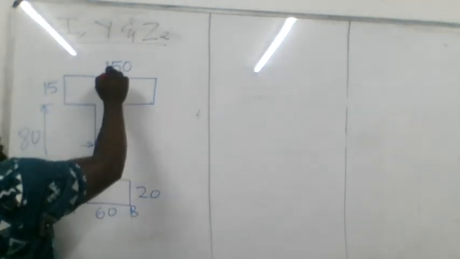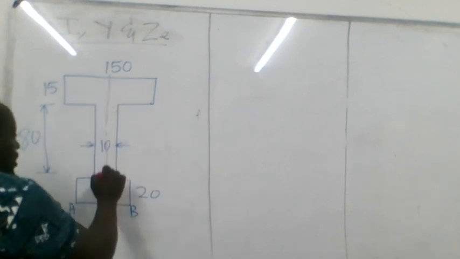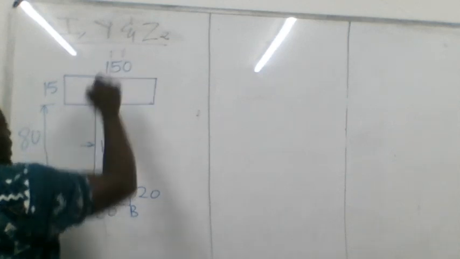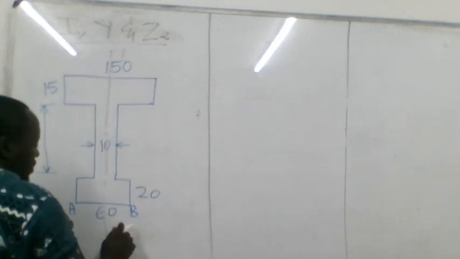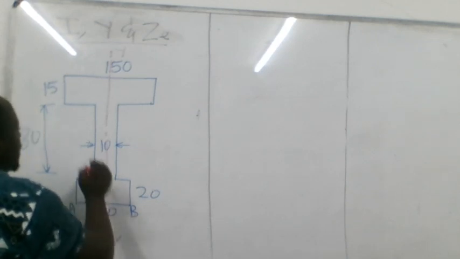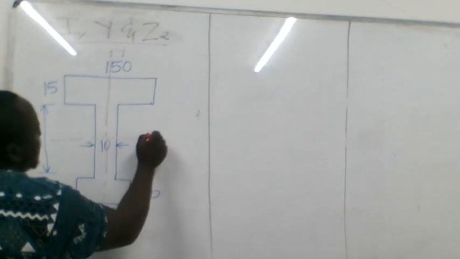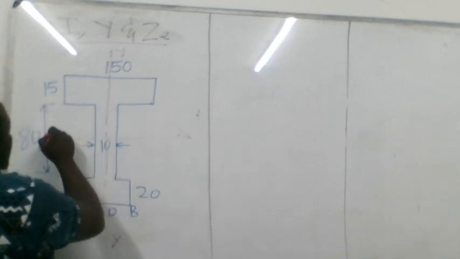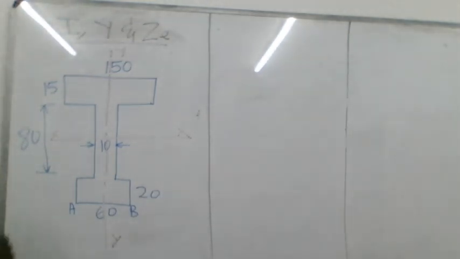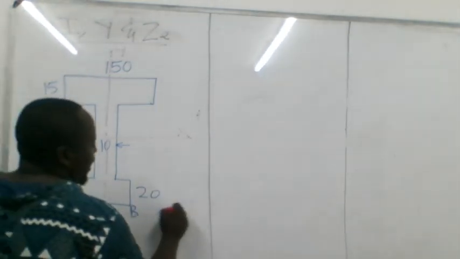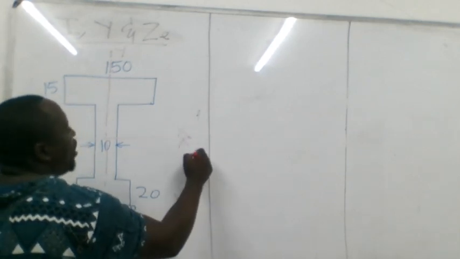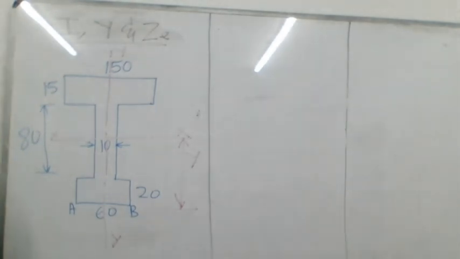In this direction, this is the Y direction. Then we have got the X. So vertical is Y, then horizontal is XX. We want to know what is our Y from the bottom.